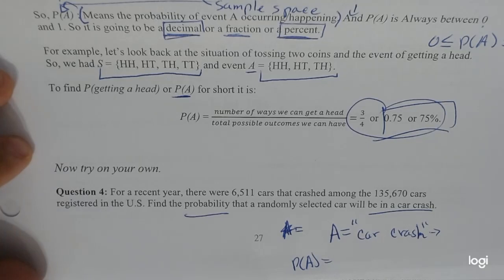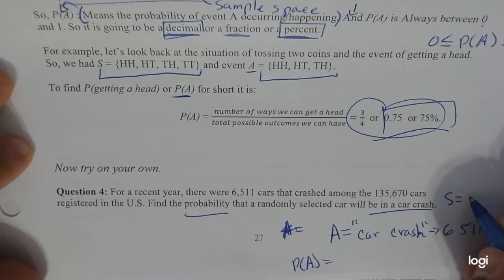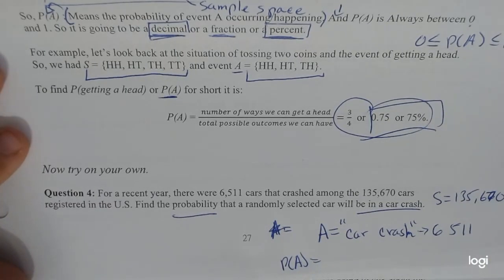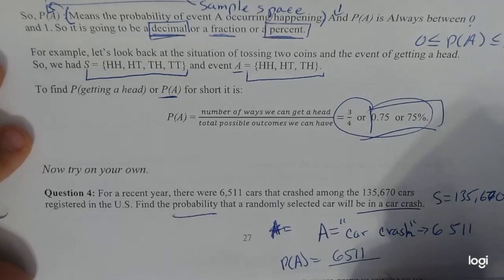How many cars were in a car crash? 6,511. And our sample space is how many registered cars, which was 135,670 cars. So our probability of A would be the event A, how many times it happened, divided by our sample space.